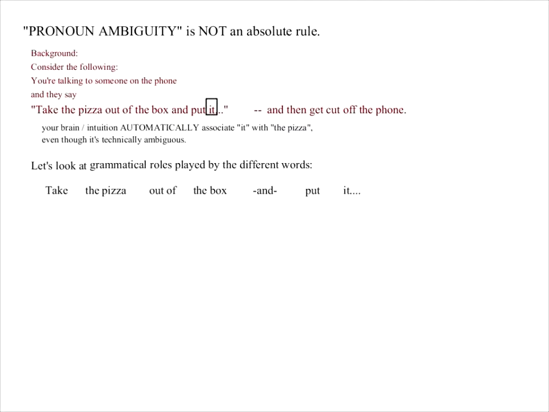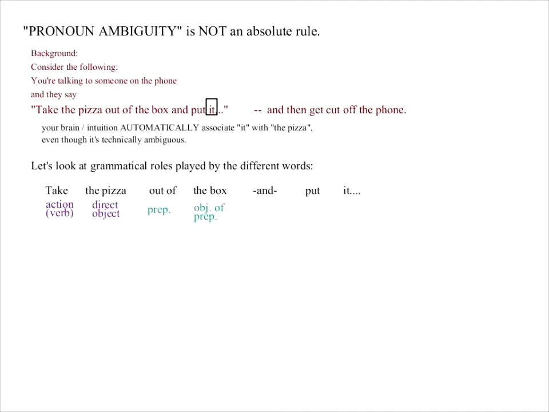Okay, so if we look at what these things are doing in a sentence, a couple of you have nailed this. Take is an action. This is an action verb. And then the pizza is a direct object. And then as a couple of you have pointed out, accurately enough, this is a preposition, and this is an object of that preposition.